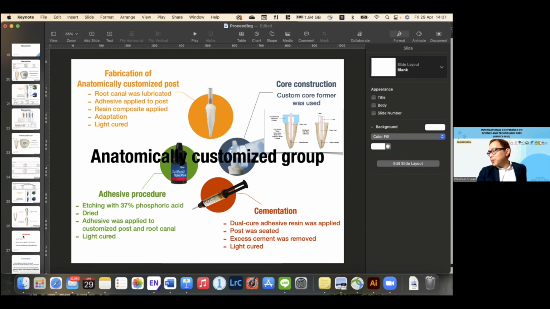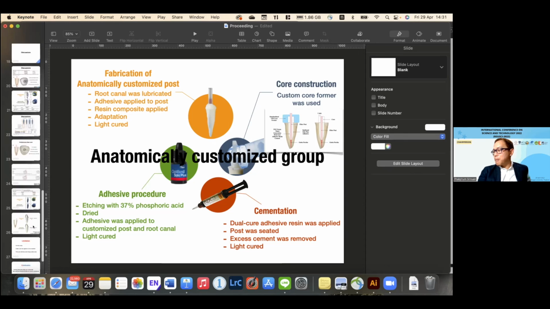I mean, when you fix the post, what is the procedure? Oh, the procedure for cementation? For the normal one, the one without the reline composite. Oh, I see.